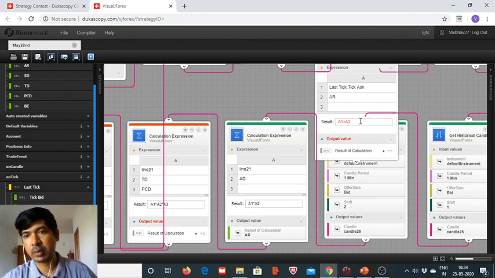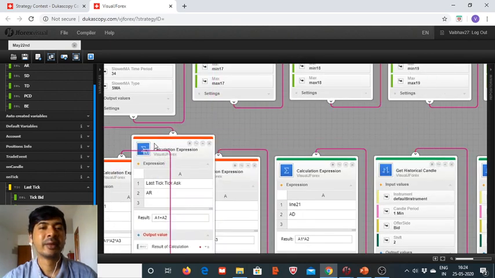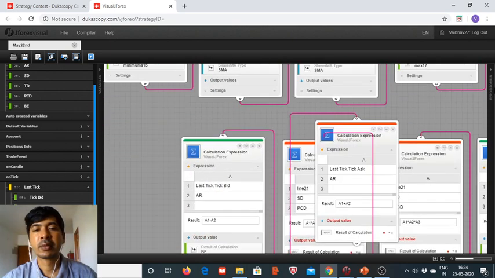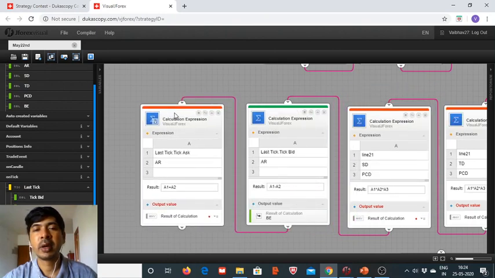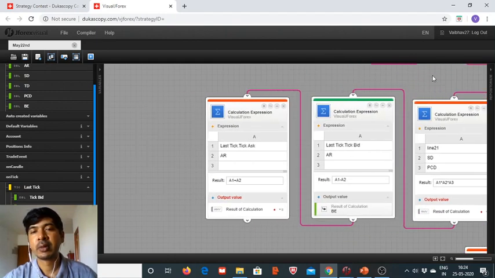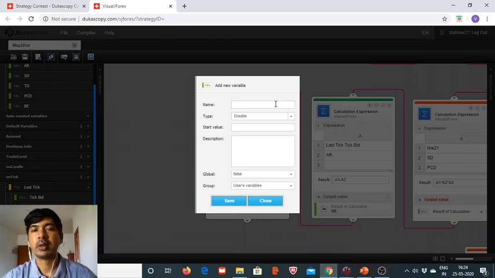So A2, not A3. A3 is empty. And it will be SE, the sell execution point.